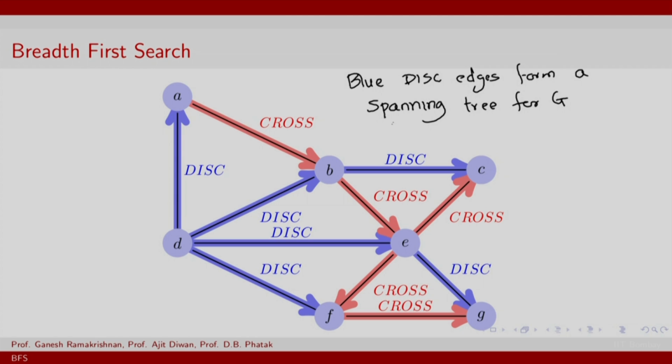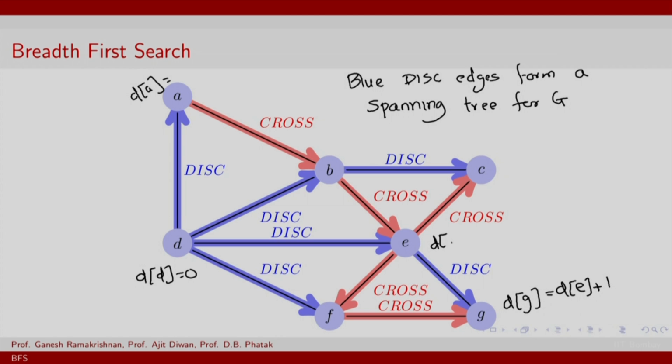And if you also do the optional step of keeping track of distances, we note that the distance of node D was 0, distance of A is 1 and so on. Let us consider a slightly far off node here, say G. Now distance of G was obtained from the distance of E, that is how it was traversed. So it's distance of E plus 1.